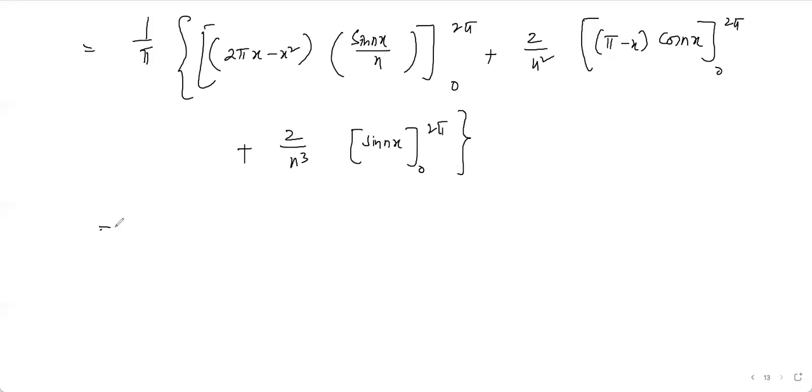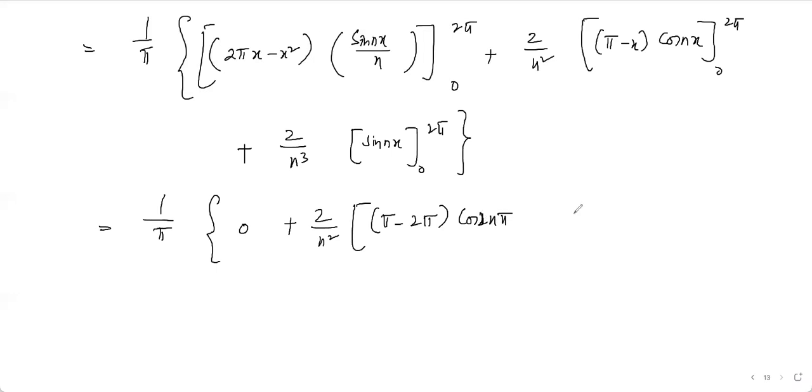So this will be 1 by pi, 0 plus 2 by n square. This is pi minus 2 pi, right? cos 2n pi, plus and this 0 minus pi cos 0, right?